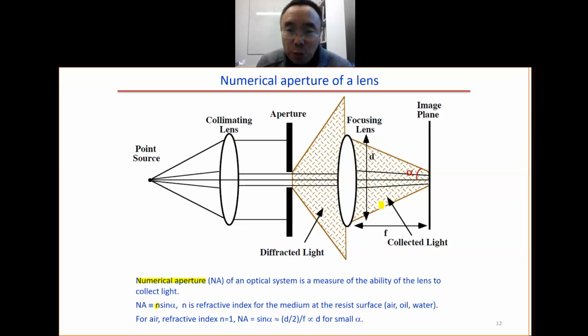If the medium is water, n is about 1.33 for visible light, but for UV light, the index is higher. So the capability of the lens to collect the light is determined by this numerical aperture, n sin alpha.